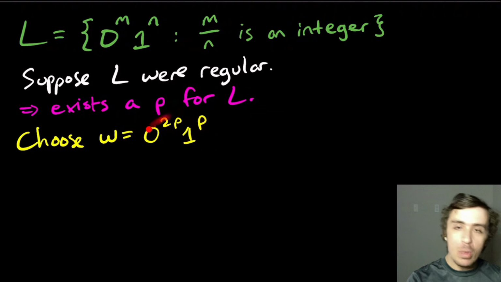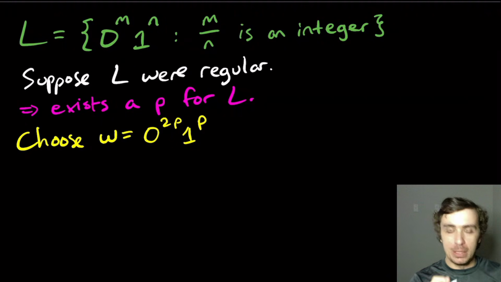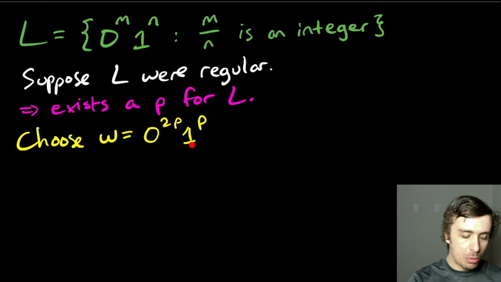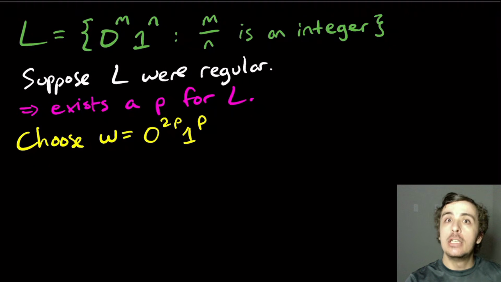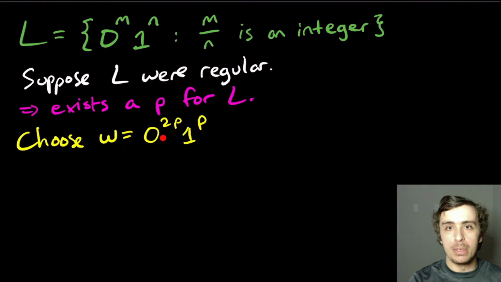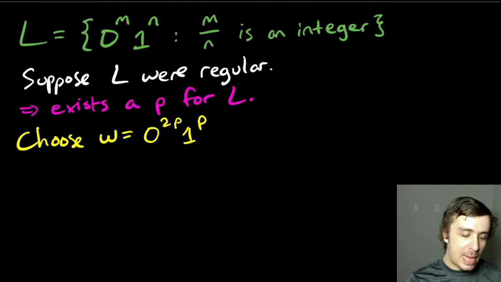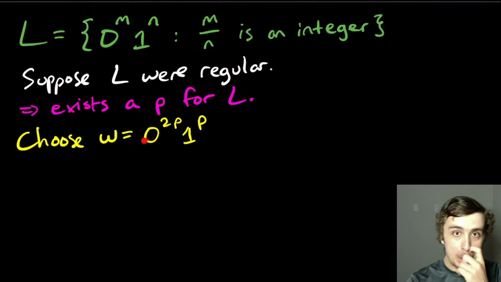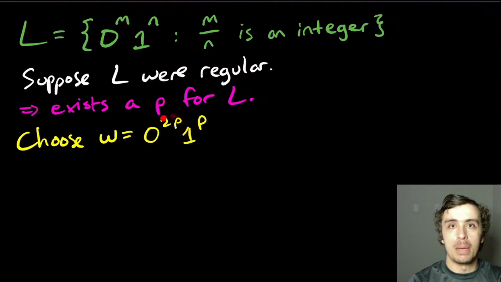So why would this string not be a good choice? What we want to do is pump this string so that we get a string that is not in L, in other words, the number of zeros is not a multiple of the number of ones. But to do that, we have to pump in the zero part because that's one of the conditions of the pumping lemma.